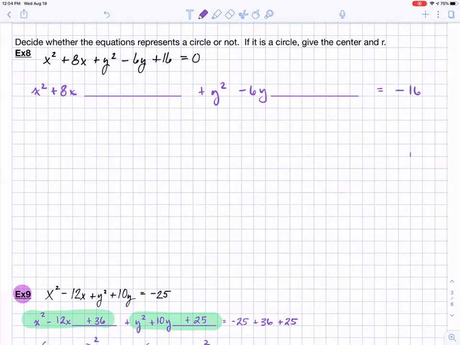Okay, now let's go back and complete the square. So we want to take half of our b and square it, so I'm going to add 16 to both sides, right? And then we want to do the same thing for the y's. So take half of b, which is negative 3, square it, and we want to add that to both sides.